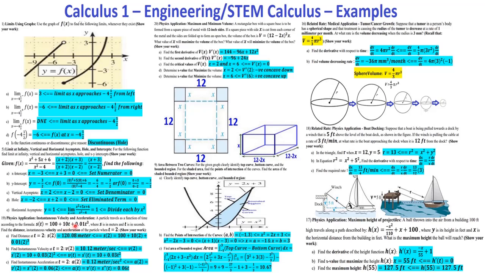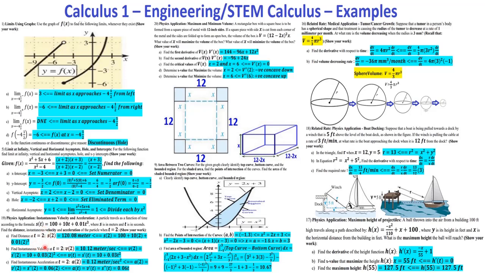To find the distance at time t equals 2, simply substitute 2 into s of t, and you will end up with 120.08 meters.